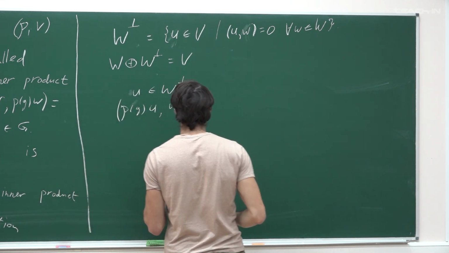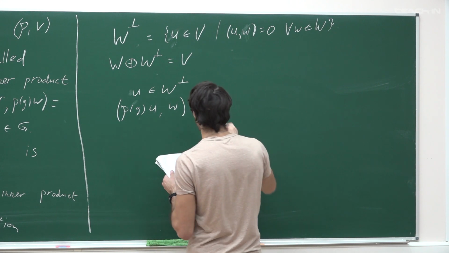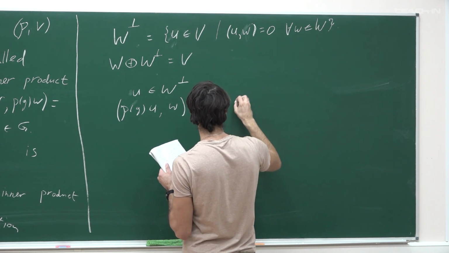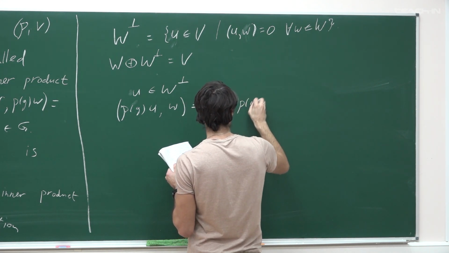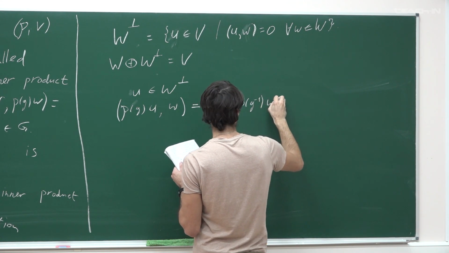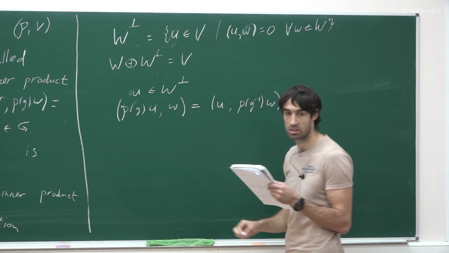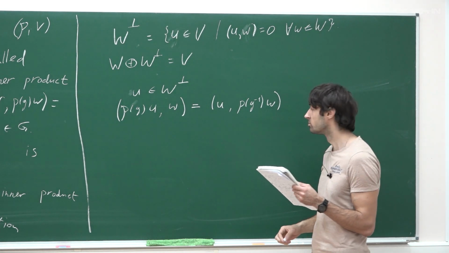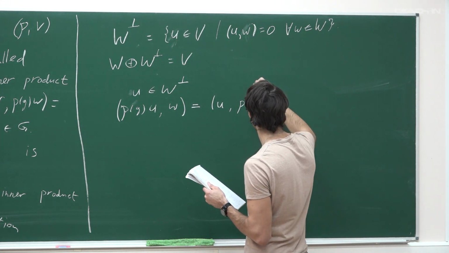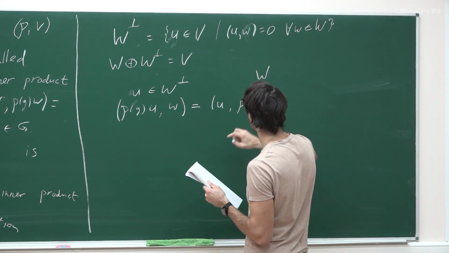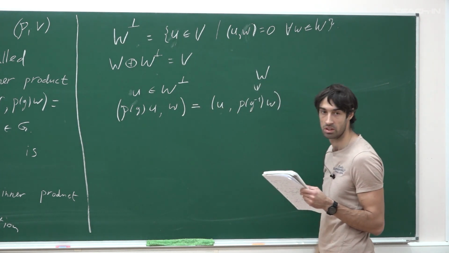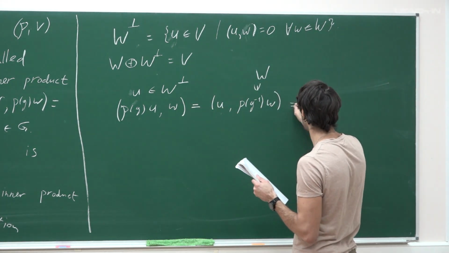By invariance it equals this, and this belongs to W. But u is from W orthogonal, so therefore this is 0.